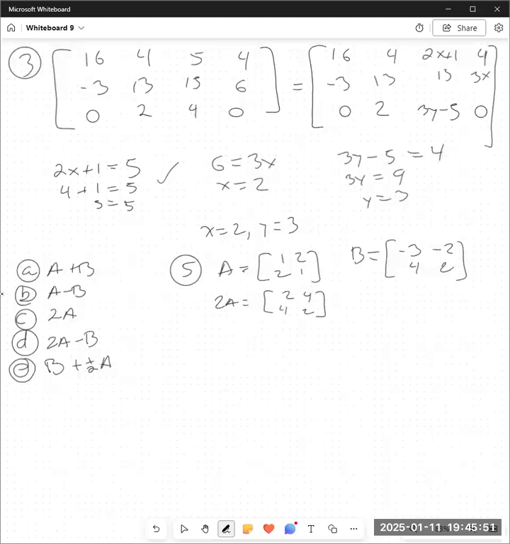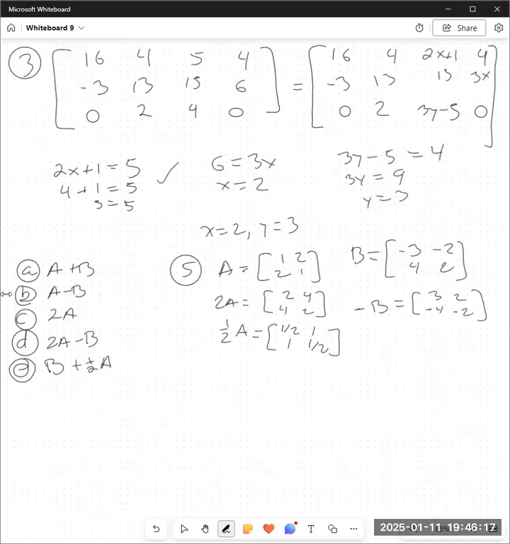I might as well find 1/2 A that I'm going to need later, which is [1/2, 1; 1, 1/2]. Just multiplying every element in the matrix by that constant multiplier. I am also going to need negative B here, since I'm subtracting B. It's going to be [3, 2; -4, -2].